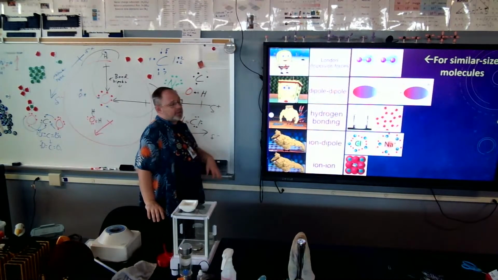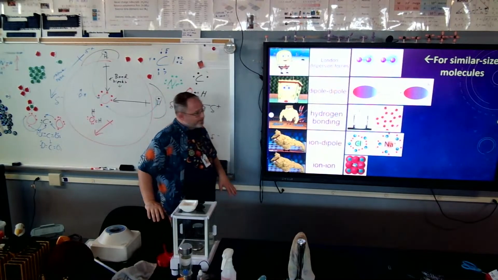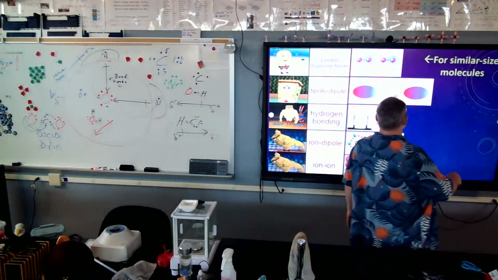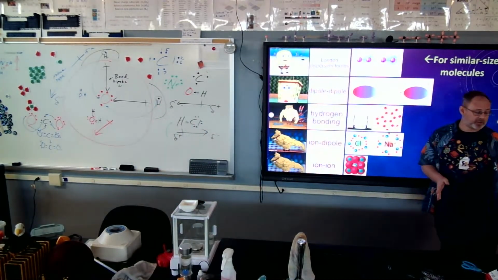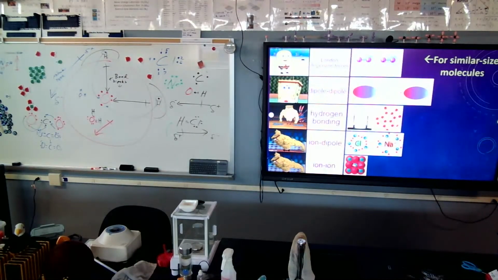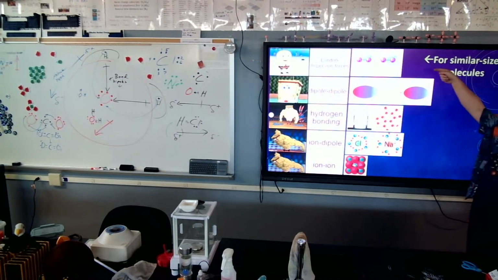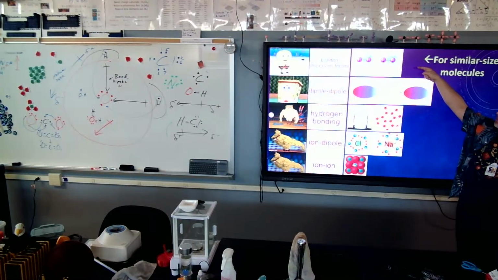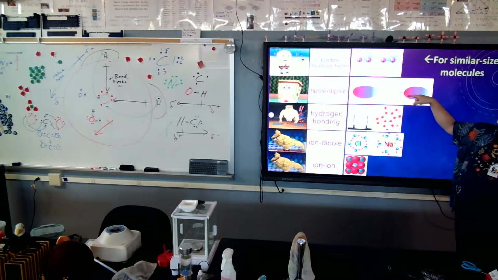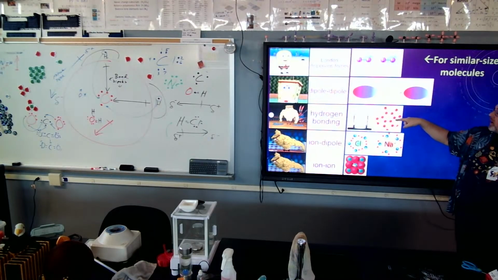Okay, so quick review of what we got so far. For similar sized molecules, and that's important because when the molecules change size, the rules basically get all cattywampus. But for similar sized molecules, if you're comparing molecules, the London dispersion force is going to be the weakest. Dipole-dipole is pretty strong. Hydrogen bonding is upgraded dipole-dipole.